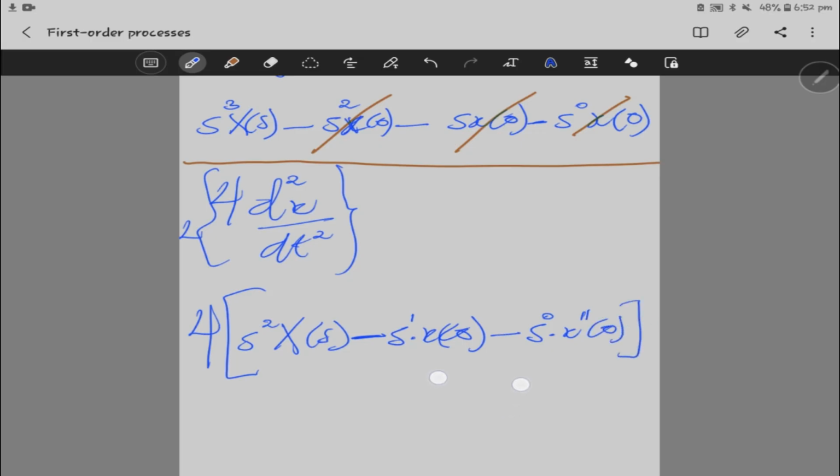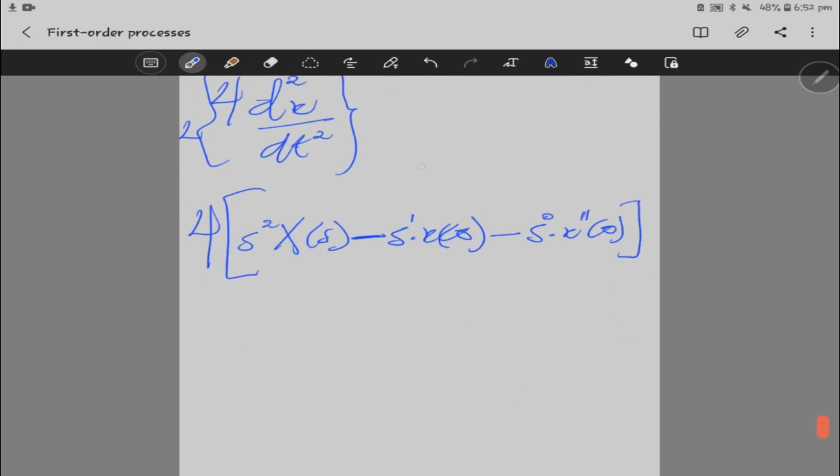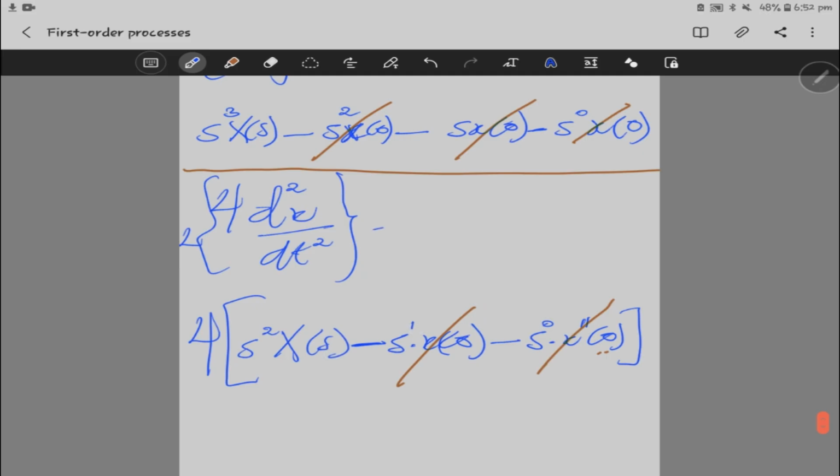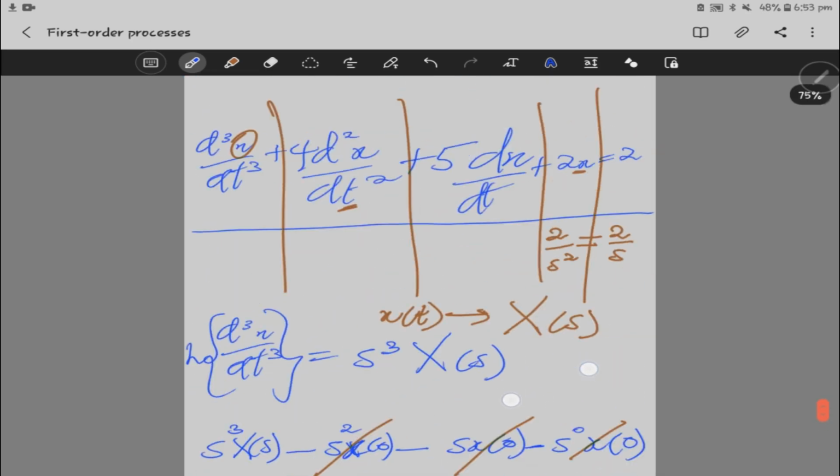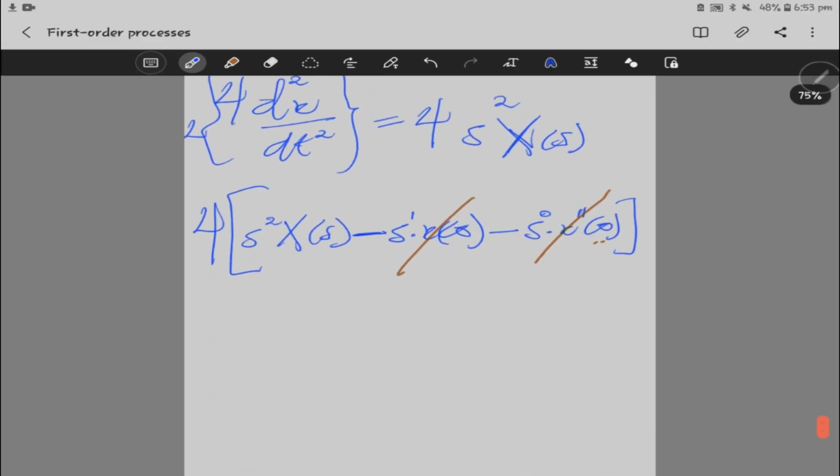When we expand this, we clearly know that this is 0, this is 0, because of the initial conditions. So we end up with this being equal to 4, x squared, and then we have x capital of s. Fine. And then that will mean that the next one will be way easier.